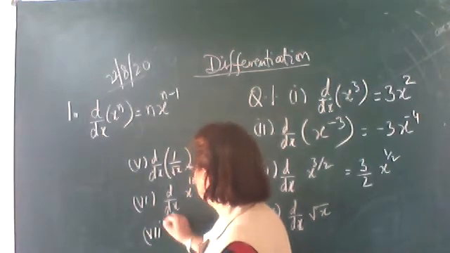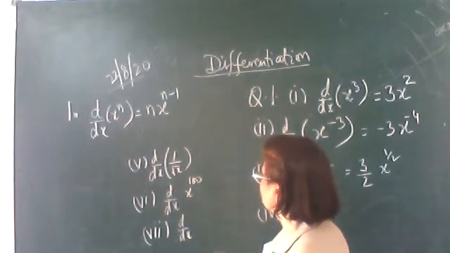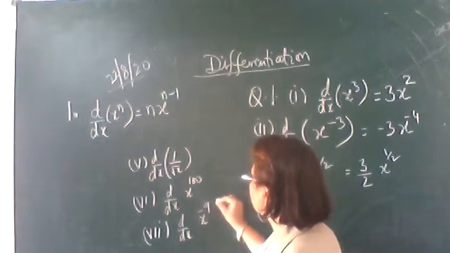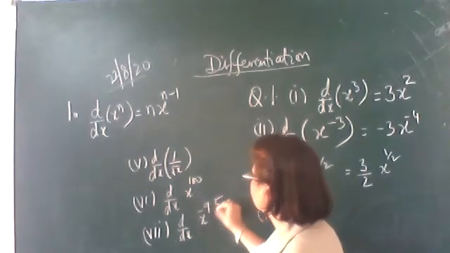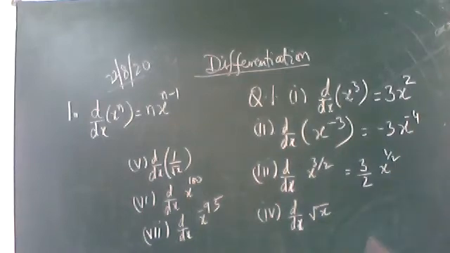One last one, d by dx of x raised to the power minus 95. Hurry up. 10 seconds to solve all these.